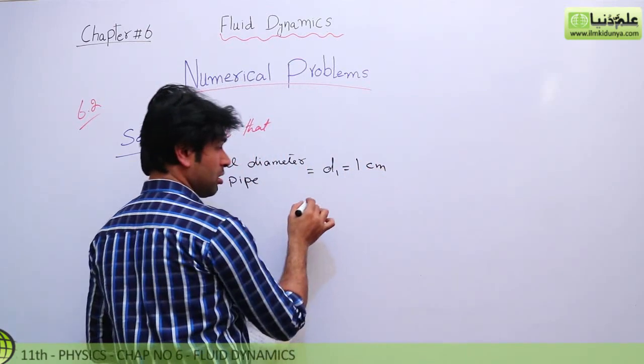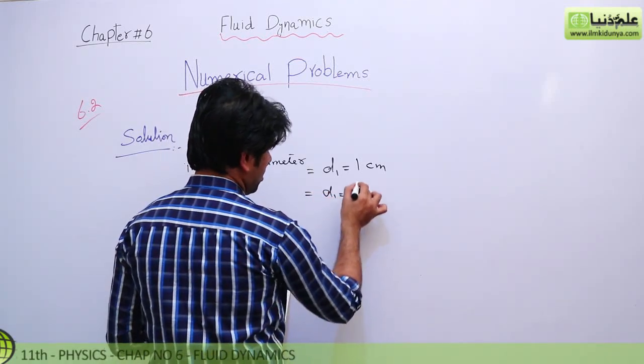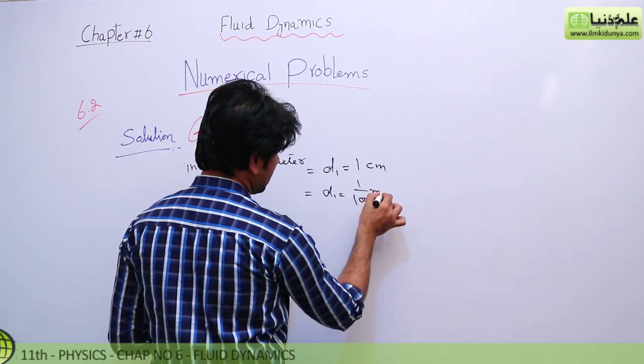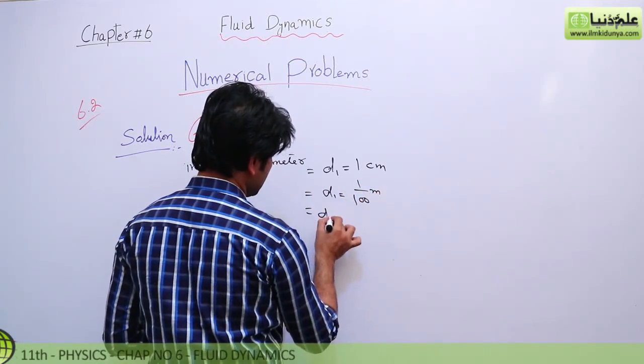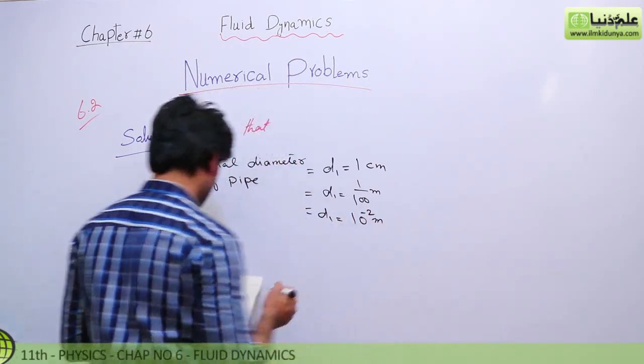And students, you are aware 1 centimeter contains 1/100 meter, so it can be written as 10 raised to the power minus 2 meter.